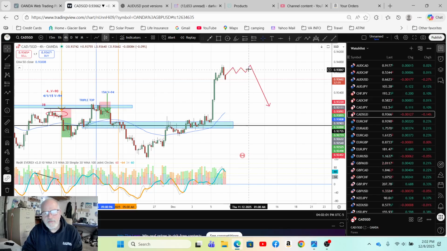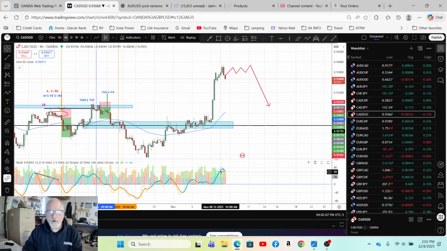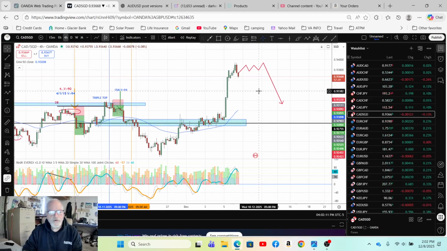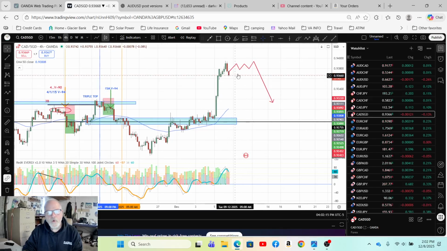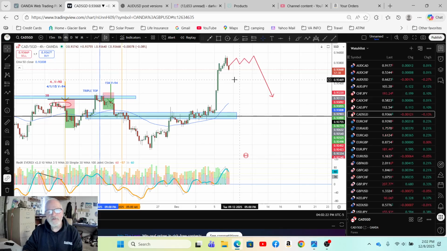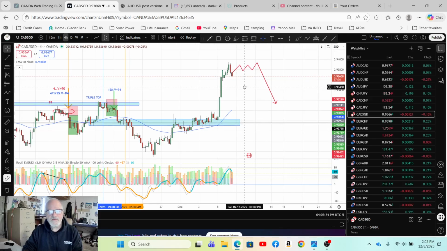Maybe it will consolidate a little bit, give me the rejection candles that I'm looking for, and then maybe everything else will play out. They don't always play out, obviously. There's a lot more that don't than that do, but by watching them like this, you watch the actual setup form, and then when you get into it from the VMS strategy and you take the win from it, it's a very, very good feeling.